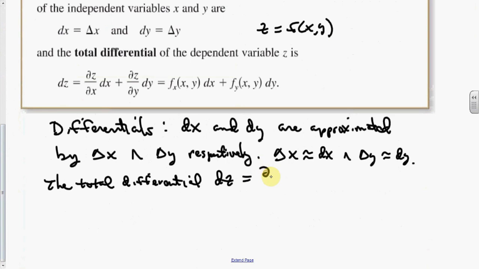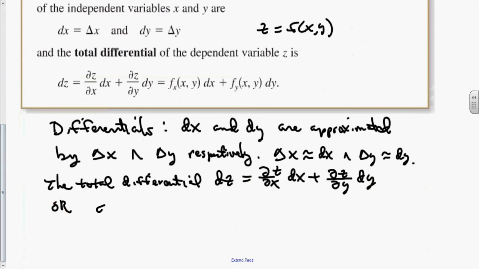So here this becomes the partial of the function z, if you will, with respect to x, times its increment or its differential dx, plus the partial of z with respect to y times dy.